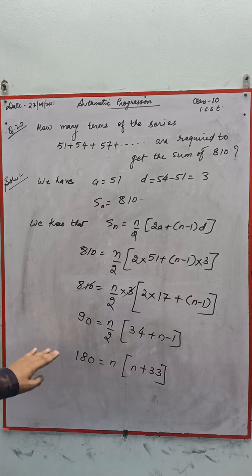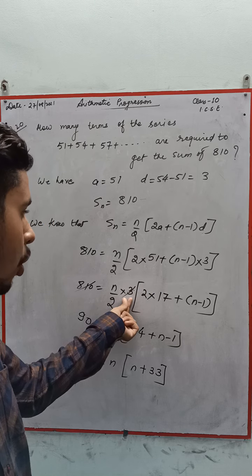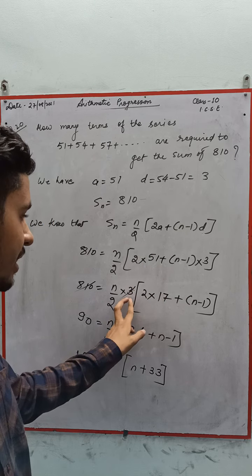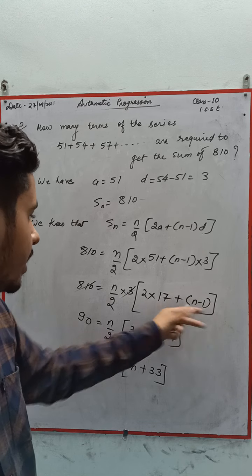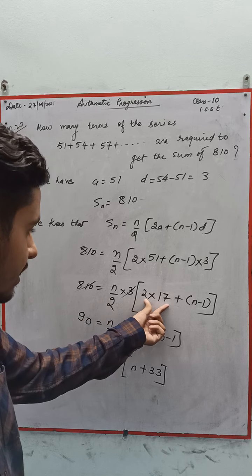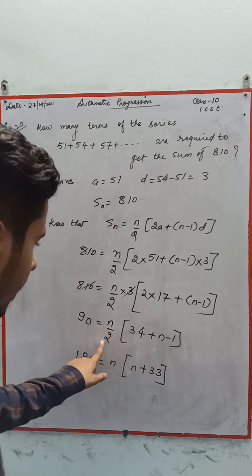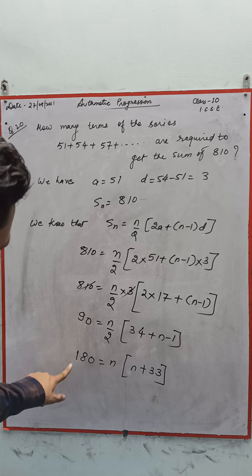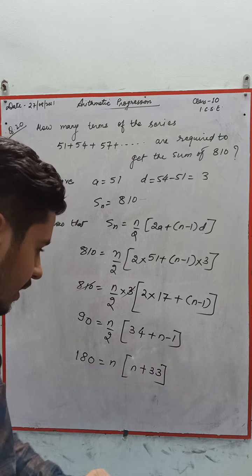I hope up to here it is clear to you. In this step, I have taken 3 common. So from 51, if 3 is taken common, 17 will be left and here nothing. This 3 is cancelled with this 810 to get 90. Here 2 into 17 is 34 and n minus 1. Transposing this to that side, so 180 equal to n bracket n plus 34 minus 1 is 33.